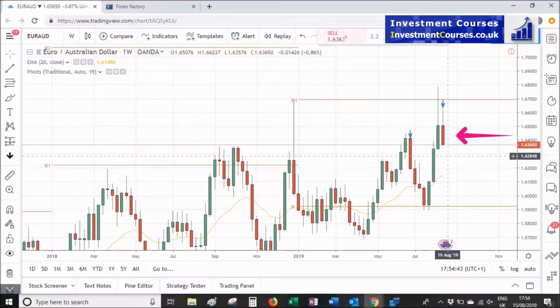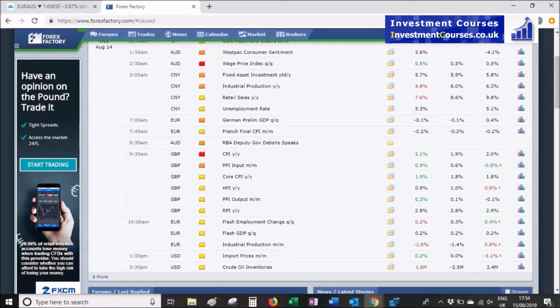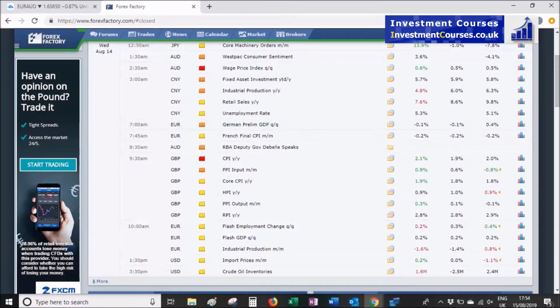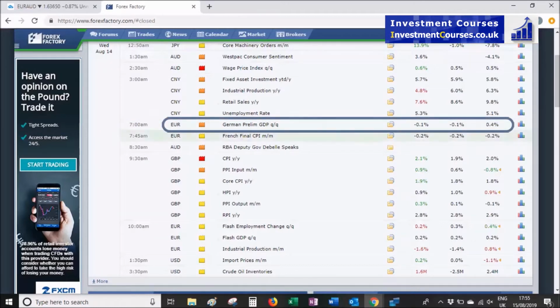Why? Because yesterday, as you can see on the Forex Factory website, we had the news about euro in Germany. This is here. Yeah, you can see that the German GDP has dropped from 0.4% to minus 0.1%. So this is an important fundamental signal which is showing that we have some issues in Germany. Their GDP is reducing.